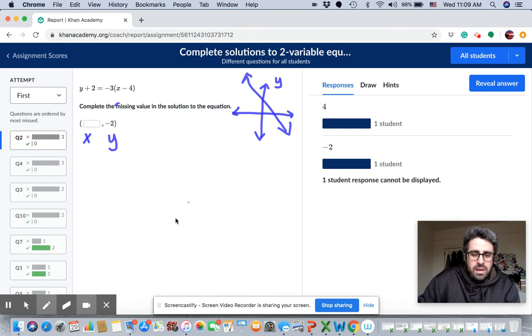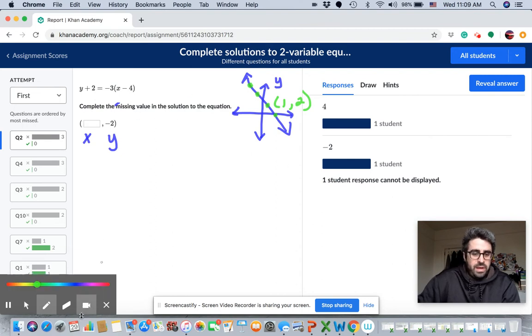So any point along this line, so maybe I'll make a different color, is a coordinate. So like here's a coordinate, here's a coordinate, here's a coordinate. They're all x comma y. So for example, like this one might be 1 comma 2, where the x coordinate is 1 and the y coordinate is 2. Okay, this isn't an exact line or an exact equation of this line. I'm just kind of showing you for some reference as to what we're doing here.